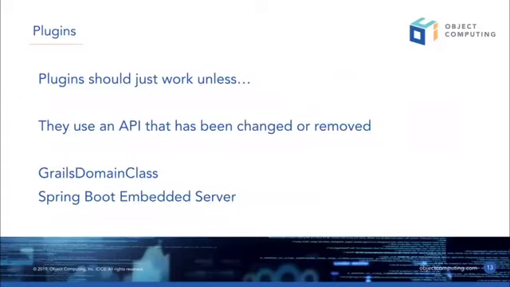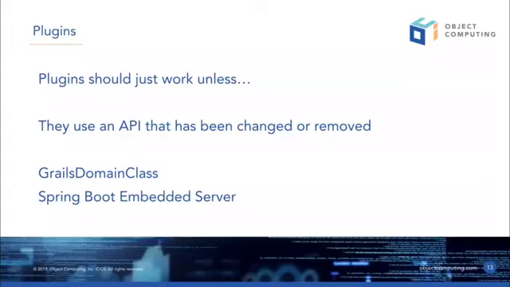GORM was also taking a look at all of your domain classes and mapping them, and it has its own API called the persistent entity API. So in later versions of Grails 3, I think it was 3.3, we changed it so that the Grails domain class API simply delegates to the persistent entity API, so that the work of parsing your domain classes only happens once.